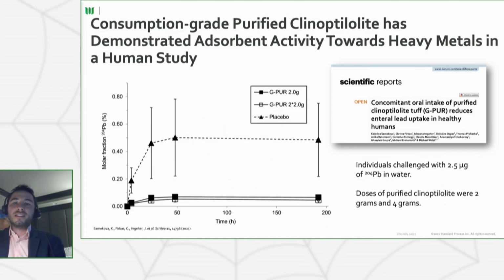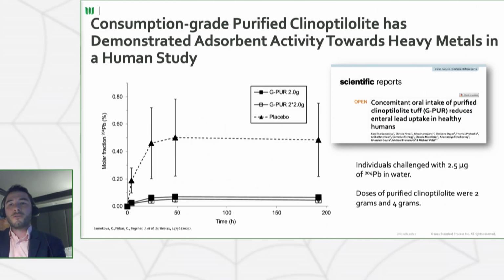And what they saw in this study was that in the placebo group, lead absorption from a lead drink wound up just shooting up right away, ultimately reaching a final plateau, and then just staying in the bloodstream as well as the urine. When you looked at either of the clinoptilolite treatments, you saw such a large reduction in this.